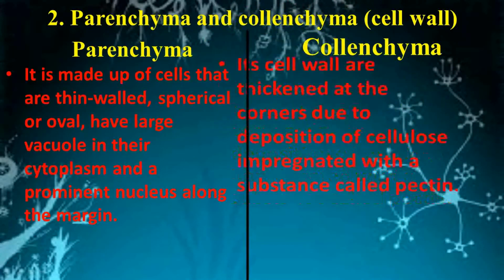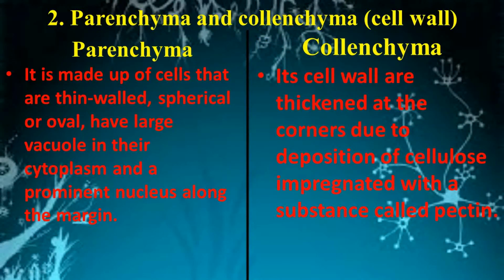Collenchyma: its cell wall is thickened at the corners due to deposition of cellulose impregnated with a substance called pectin.